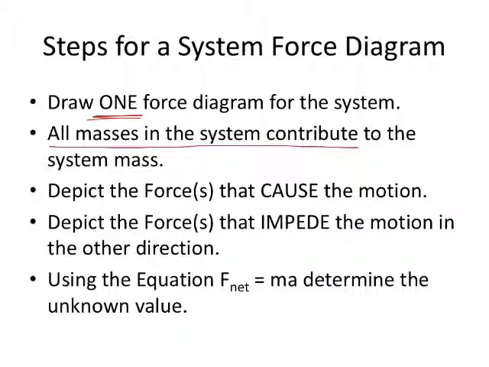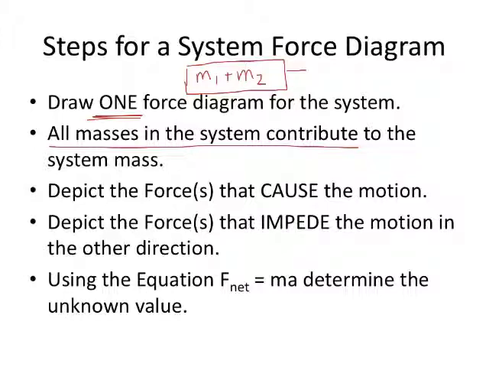So let's draw sample 1 in here. Inside we'll have mass 1 plus mass 2. And then you have to depict the forces that cause the motion. Previously, up until this point, it was always applied force that would cause the motion. But in this case, it's the force of gravity of mass 2.